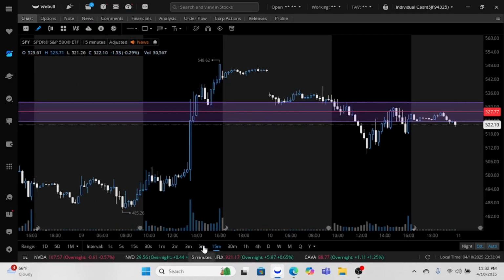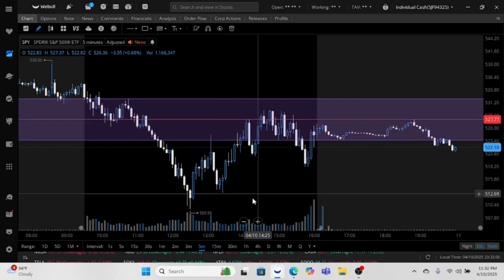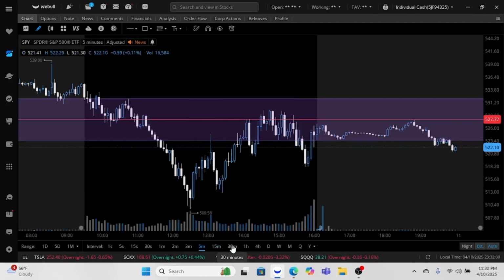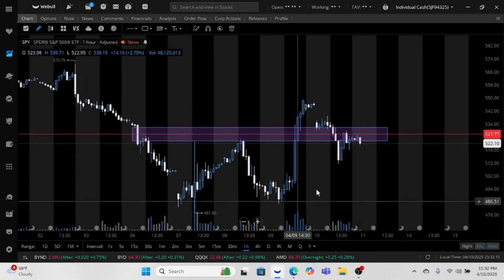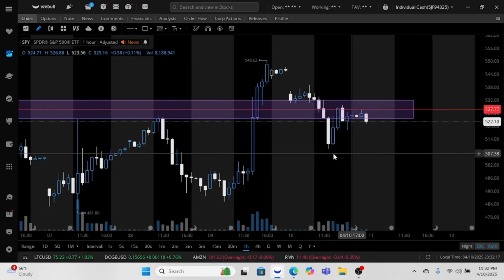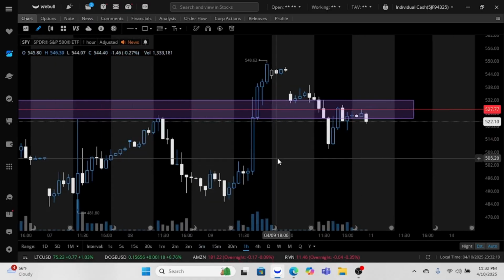But like I said, the higher time frames come first. So don't just look for a market structure shift on a lower time frame. First, look for it on a higher time frame, because market structure is still bullish on the higher time frame.